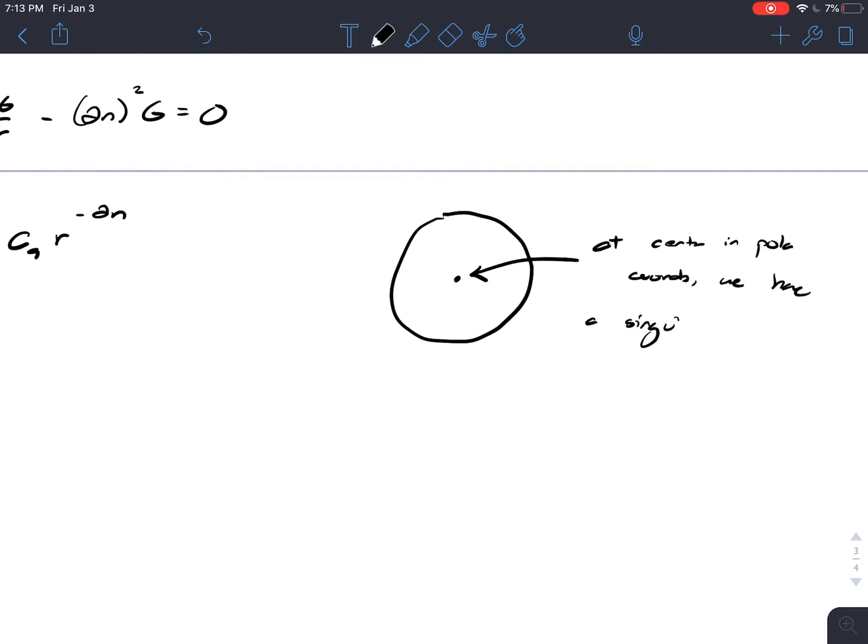we have a singularity, right? So in polar coordinates, we're undefined at the center. So consequently, we need to make sure that our function does not become singular at the center, because when we have heat flow, it isn't singular or undefined at the center.